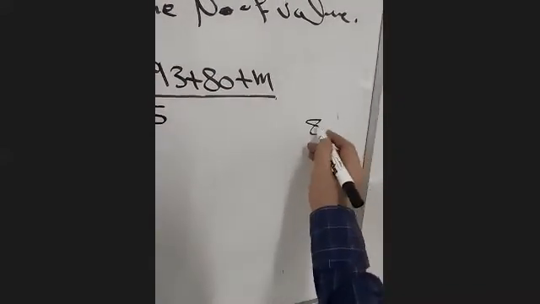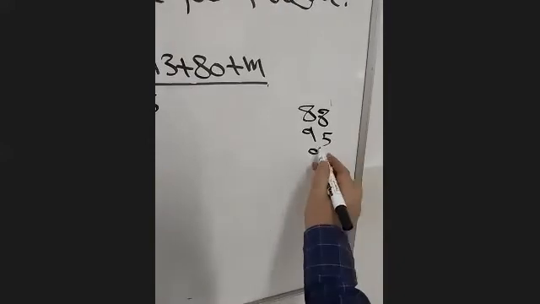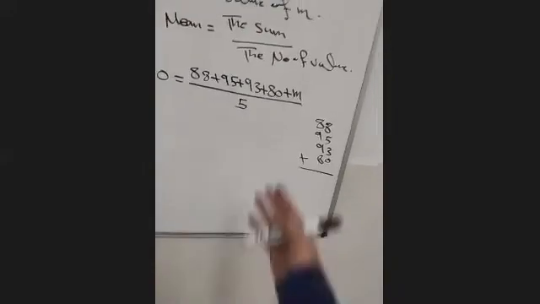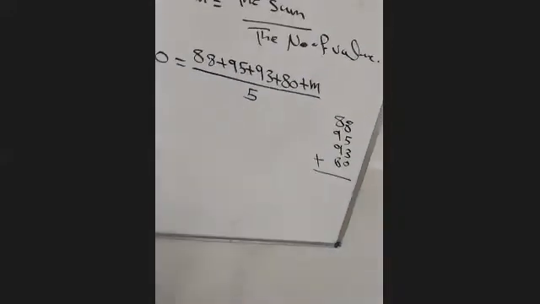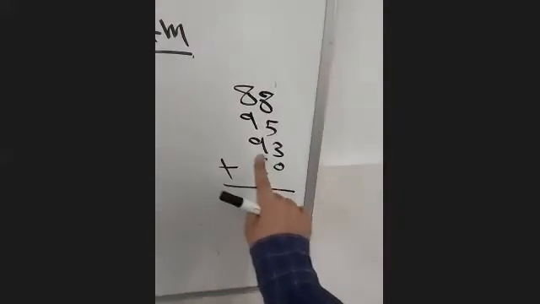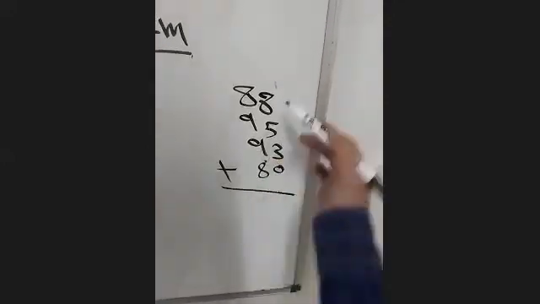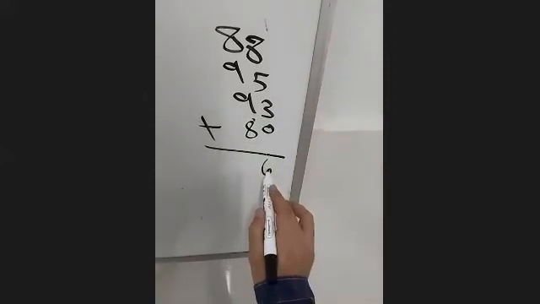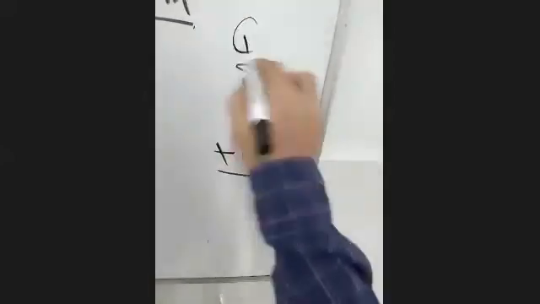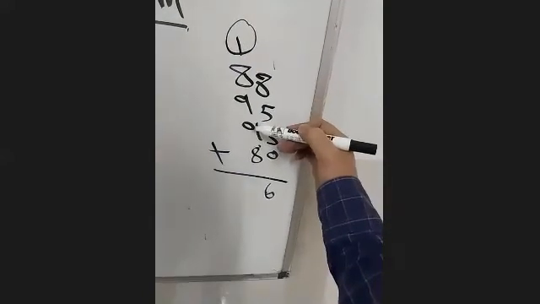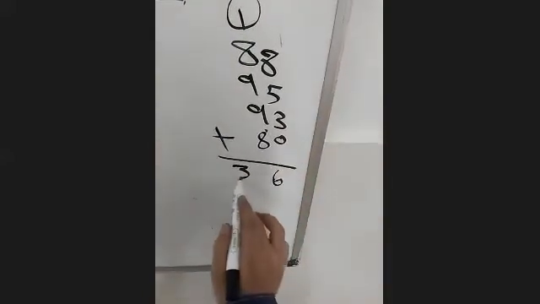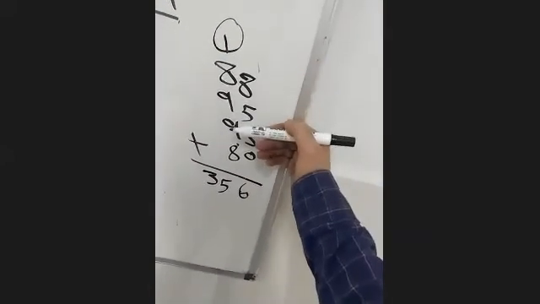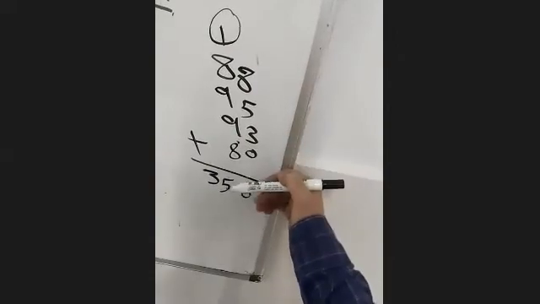So let's add the known values: 88, 95, 93, 80. I cannot put M, I don't know the value of M. Here, 8 plus 5 is 13, plus 3 is 16, plus 0 is 16. Here, 9 with 9 with 9 is 27, with 8 is 35. Again, 9 with 9 with 9 is 27, with 8 is 35.